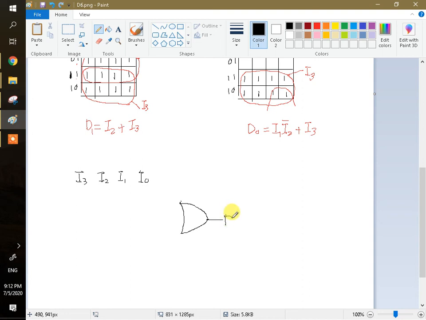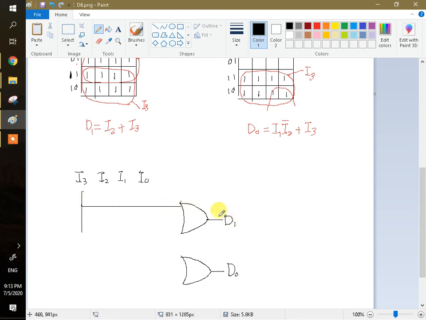Don't confuse with D1. So another OR gate here. Another OR gate. Okay, draw properly the OR gate here. So this is D0. So for the D1 is easy. I2 and I3. What do you mean I2 and I3? It means you just link I3 here. Just link I3.